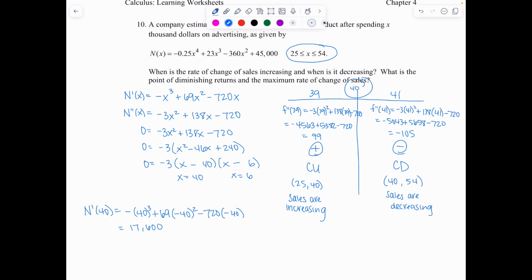This is our maximum rate of change here. And this point, the point of diminishing returns, is at 40, our inflection point.